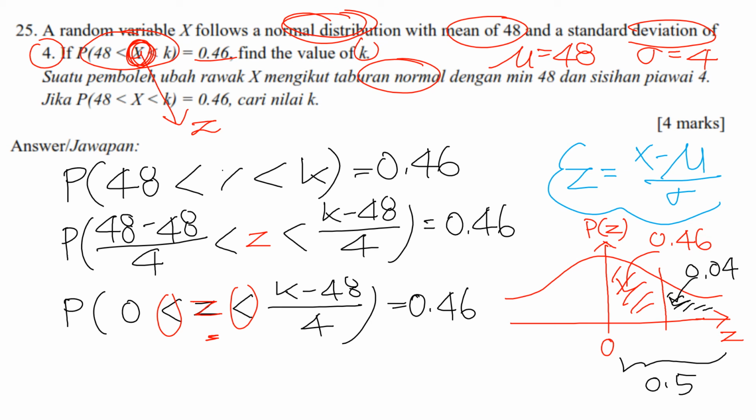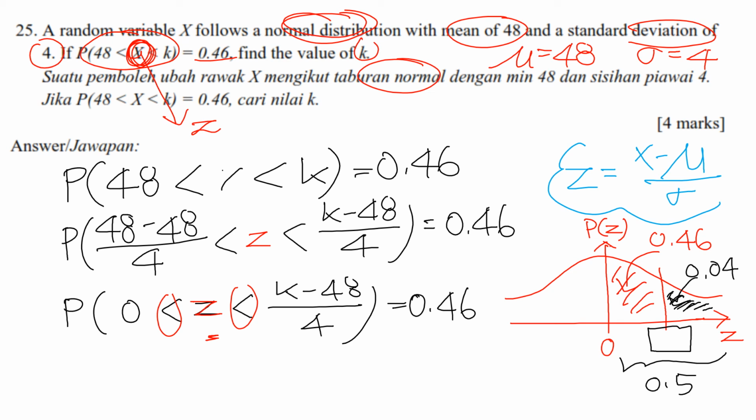Okay, kita dah tahu bahawa kawasan ini adalah 0.04. Apakah nilai kat sini? Then you rujuk kepada jadual pada muka surat ke-5 kertas soalan anda, jadual Z-score anda. Cari lagi mana dekat ruangan area probability 0.04. Dalam jadual itu you will get your answer as 0.04 sifar 1.